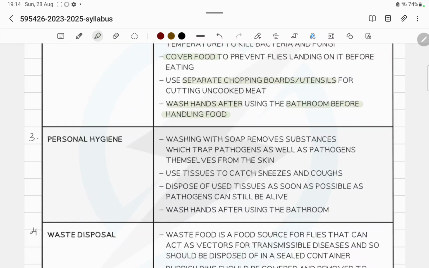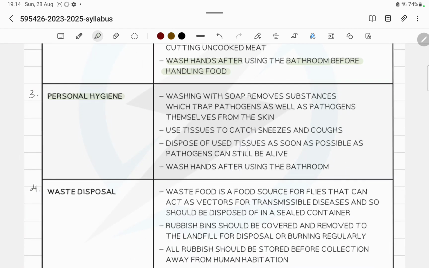Then the third one, personal hygiene. Wash hands with soap, not only hands, the whole body, to remove substances which trap pathogens as well as the pathogens themselves from the skin.